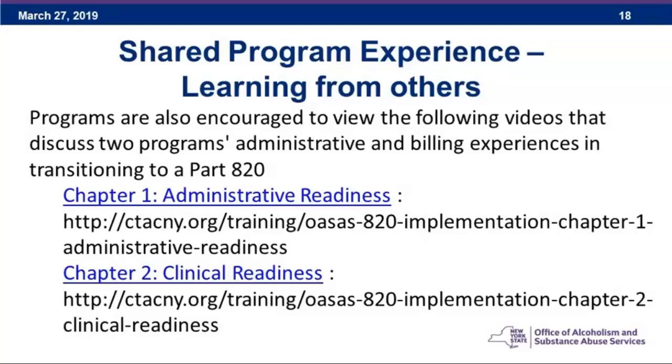And it's important as programs are starting to do the initial work of thinking about which of the elements they want to submit an application for, that they bring together both the clinical and the administrative staff to have a dedicated conversation about not only the clinical vision of what the program wants to do, but from an administrative perspective, how they would support that. Administratively, that includes things like how documentation is worked, how communication is going to happen between the clinical and billing staff to support conversations with the plans, how claim submission is actually going to work, how scheduling is going to work.